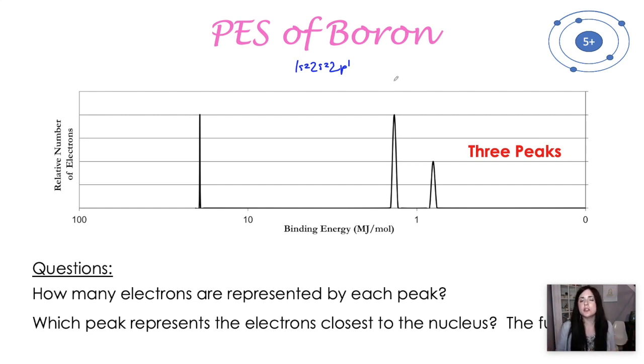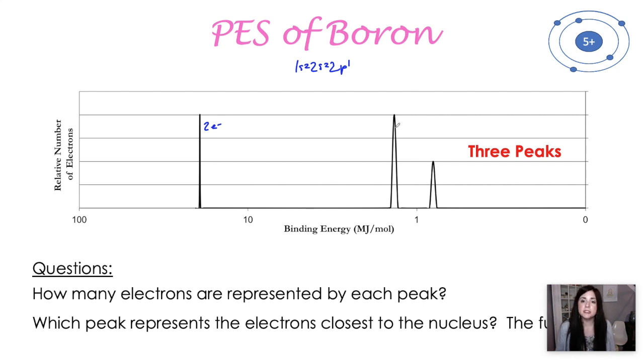How many electrons are represented by each peak? Let's answer that question first. Well, if this is boron's electron configuration, this first peak has to represent 2 electrons. And you're going to see that the first peak on every photoelectron spectrum is those 2 electrons.